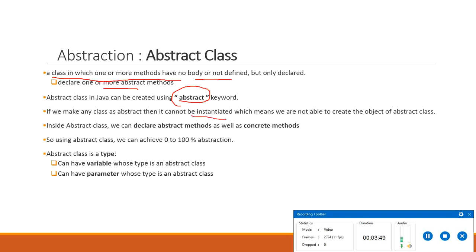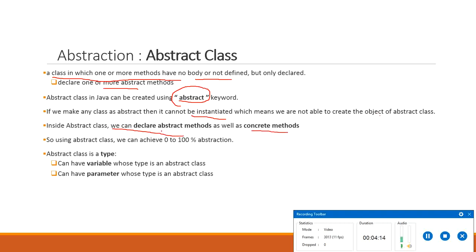Very important point: it cannot be instantiated means we cannot create an object of the class, so we will not be able to create an object of the abstract class. Inside the abstract class, we can declare any number of abstract methods as well as concrete methods.